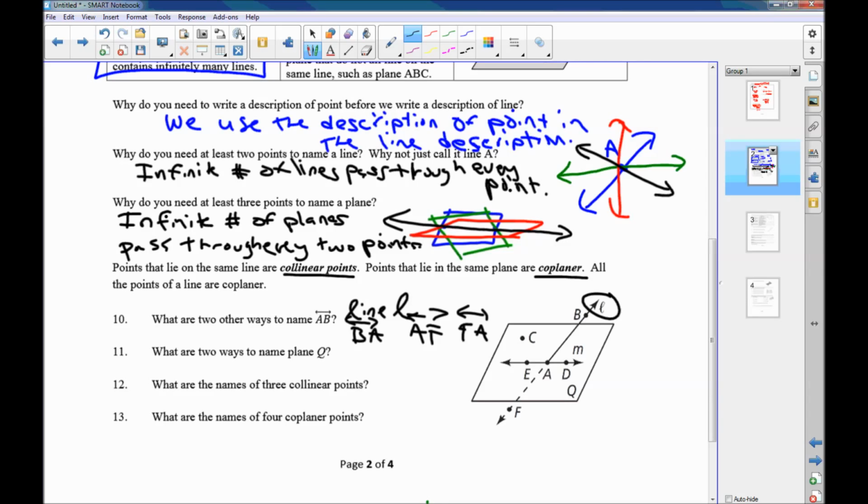Okay, what are 2 ways to name plane Q? So we just need to think of 3 points that are on the plane that aren't in the same line. Okay, so we have a couple choices here.